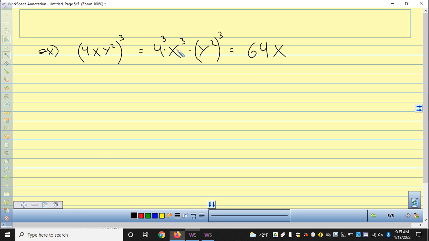X to the third just stays x to the third. Here I have a power to a power. What do I do with the exponents? Multiply. Power to a power, we multiply. Y to the sixth. Oops, I forgot my x to the third. There we go. All right, questions about what we did there?